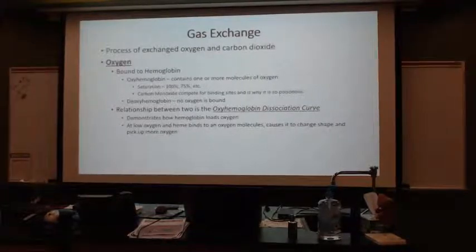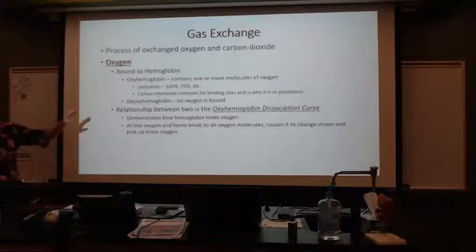And if it's 75%, that would mean 3 of the hemes would have oxygens. If it was 50%, 2 would have it. Do you see how they get the saturation rate?